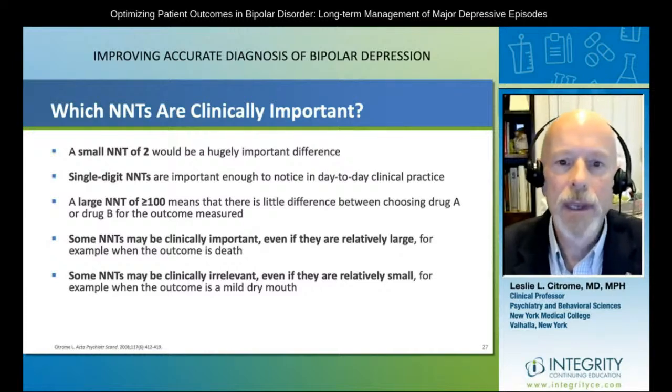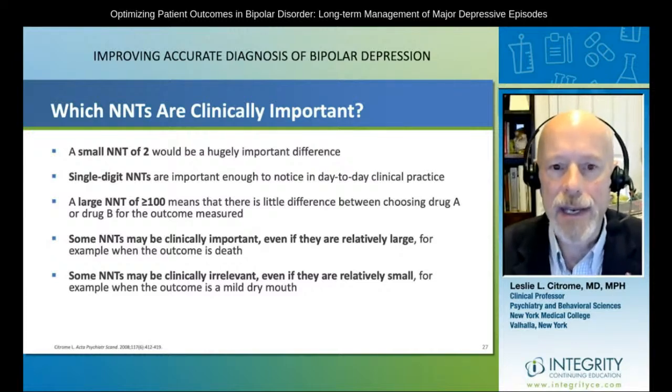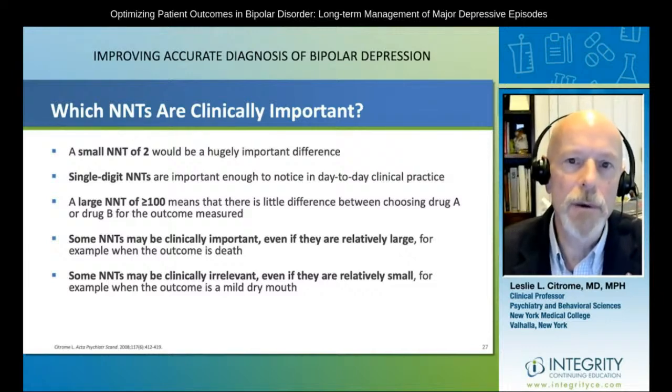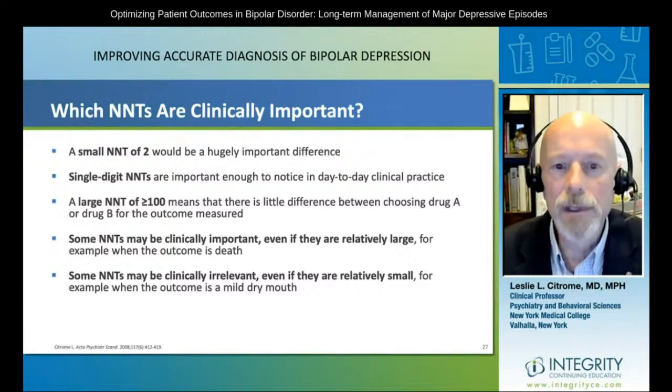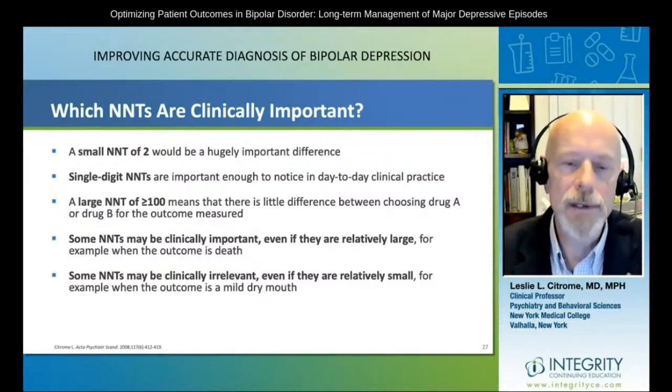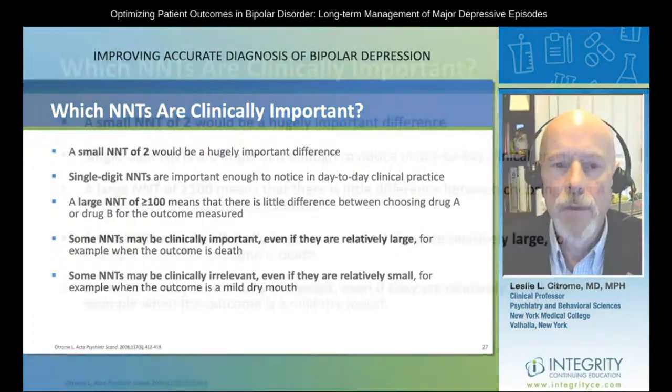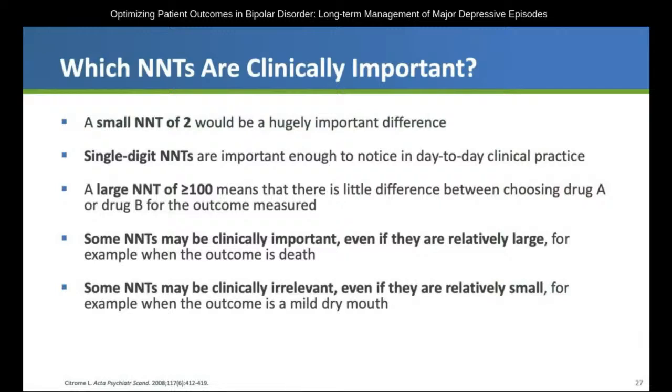That's fine. Any NNT that's less than 10 is important and will result in differences we would notice in day-to-day clinical practice. So rule of thumb, NNT versus placebo of 10 or less, I prefer the lower the better, then this medicine will have a useful role to play in day-to-day treatment. What if the NNT is greater than, let's say, 100?